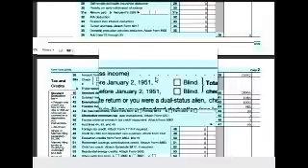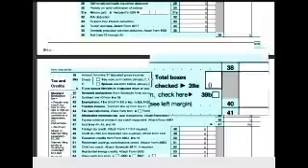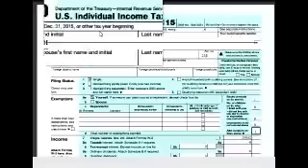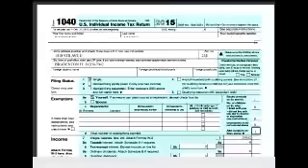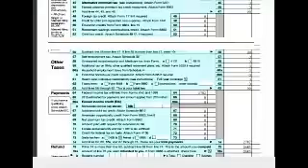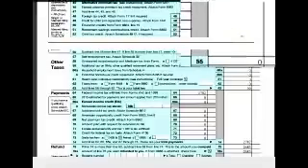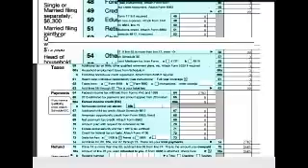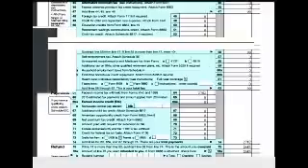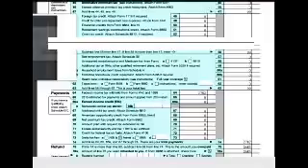I'm talking about this one, line 38. They call it adjusted gross income. You will find this on your form 1040. Go to line 38. You will put the adjusted gross income. Even if you have form 1040A, 1040NR, or non-resident, it's going to be the adjusted gross income.